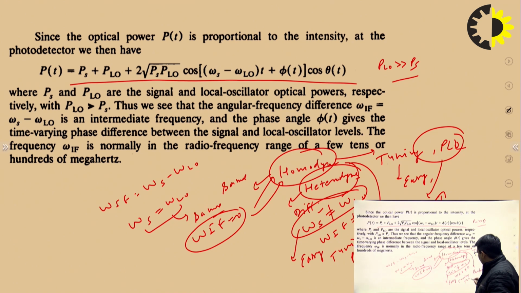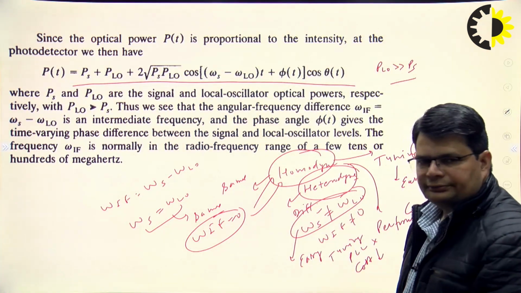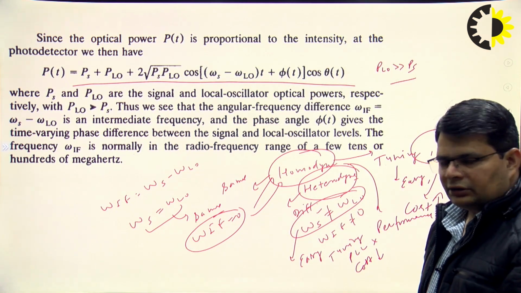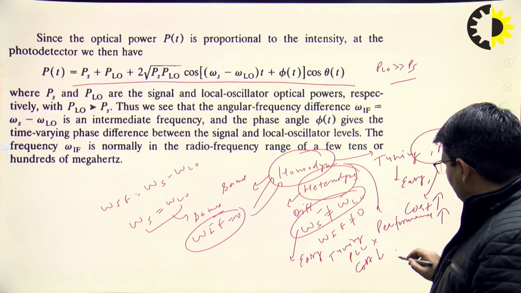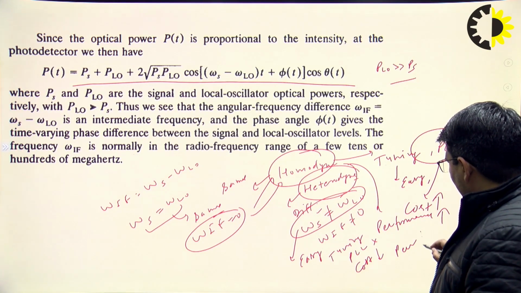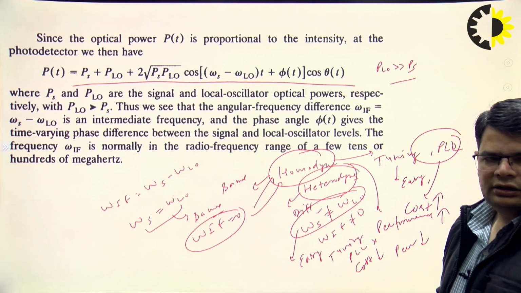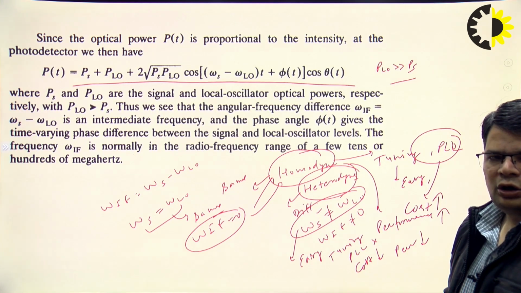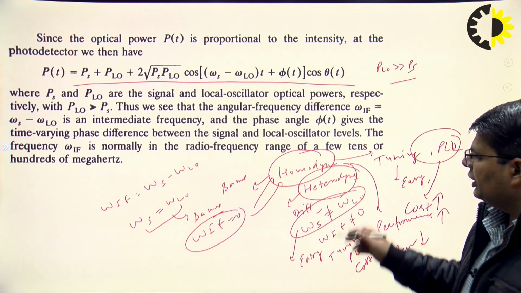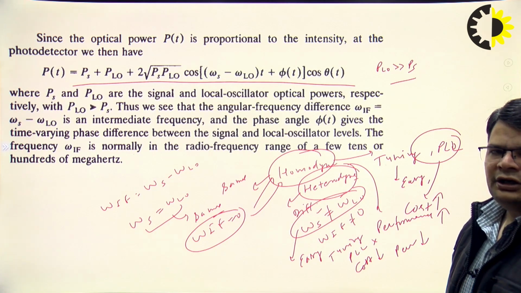So this is also an advantage. Moreover, cost is reduced, but performance in this case will be slightly down as compared to homodyne detection. So this is the case of homodyne and heterodyne detection.